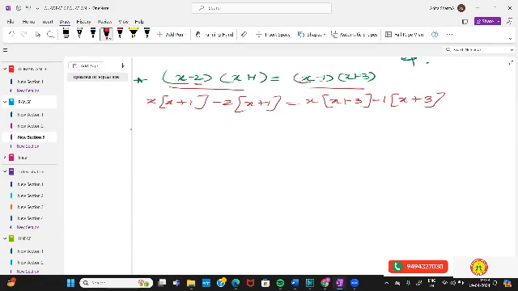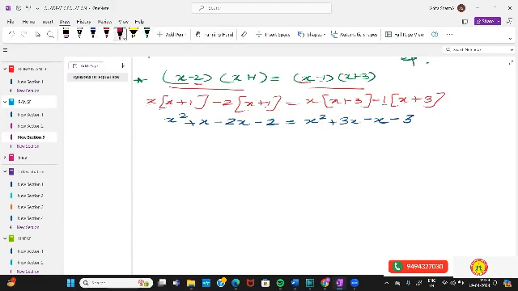Right? So multiply x into x is x square, x into 1, x, minus 2 into x, minus 2x, minus 2 ones are minus 2, is equal to x into x, x square, 3 into x, 3x. Now here is a minus sign, minus 1 into x, minus x, minus 1 into 3, minus 3. Okay.